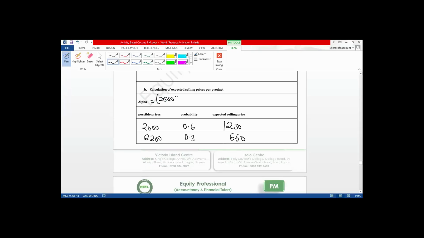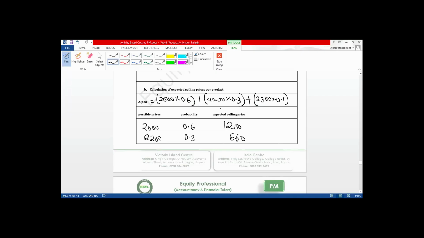2,000 multiplied by 0.6 plus, open a bracket again, 2,200 multiplied by 0.3 plus 2,300 multiplied by 0.1.